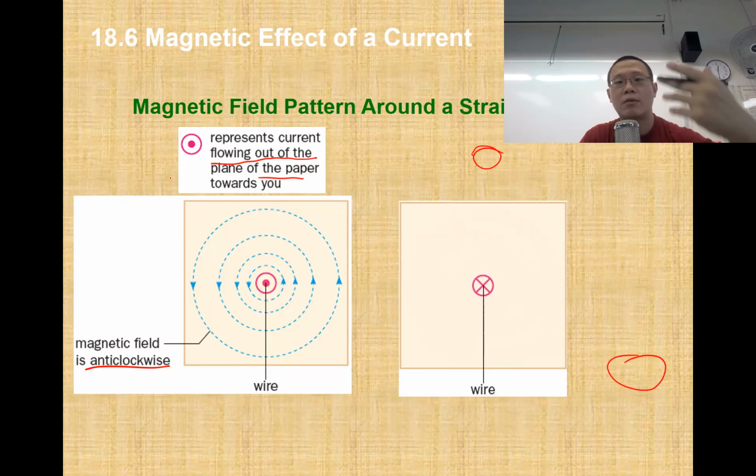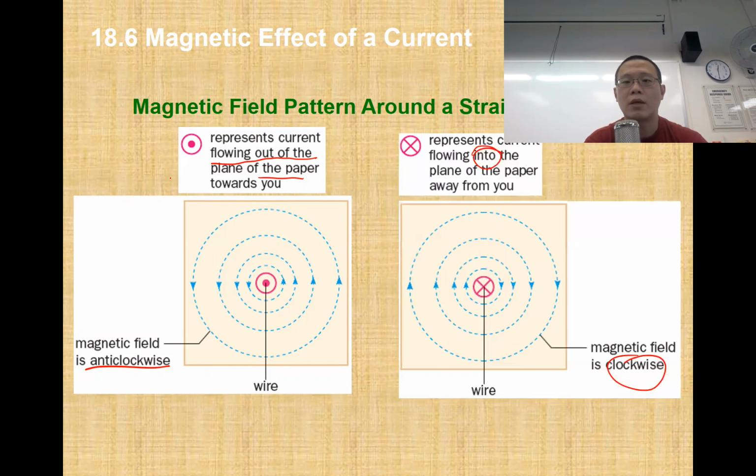For example, now if you repeat, the X represents the current flowing away from you. So how do I get the field line direction? Same thing. With the right hand thumb, the current is flowing away from you. Away from you means away from you, the audience. So the thumb will be away from you.